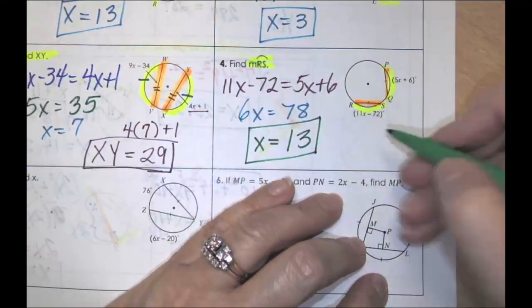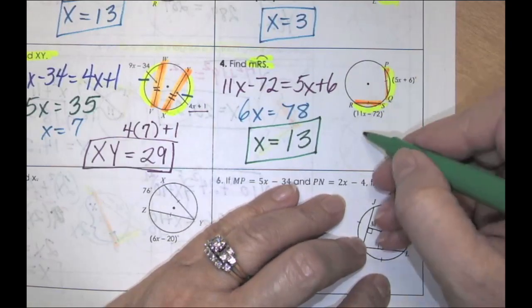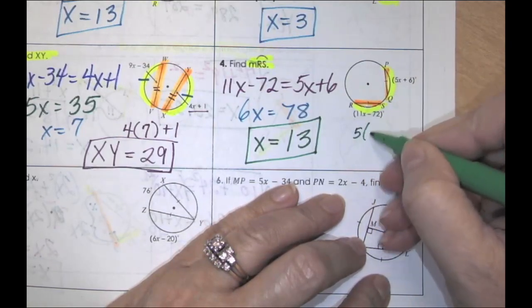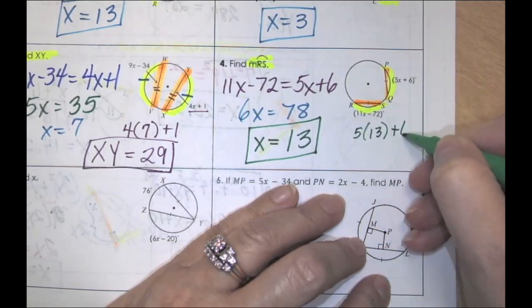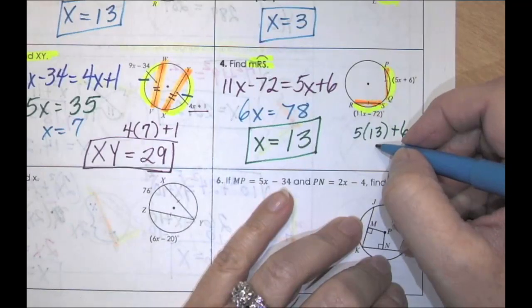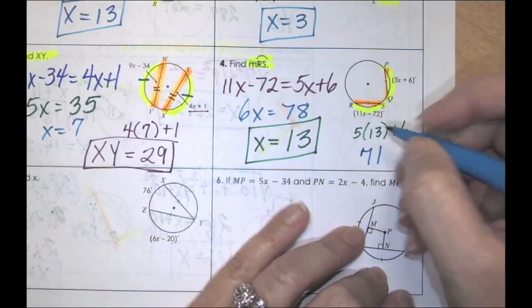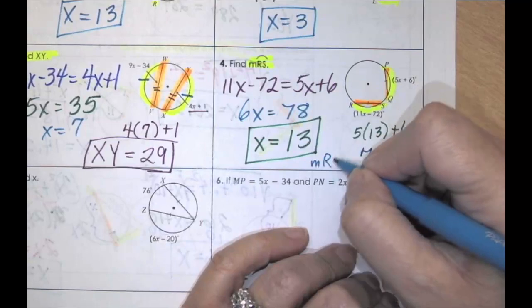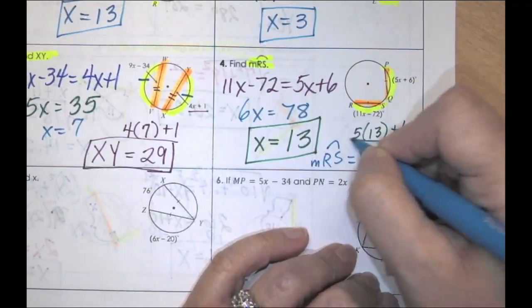Once again, these are congruent, so it does not matter which one I plug into. I'm going to choose the numbers that are smaller and positive. And I'm going to say 5 times 13 is 65 plus 6, 71. I believe the measure of arc RS is 71.